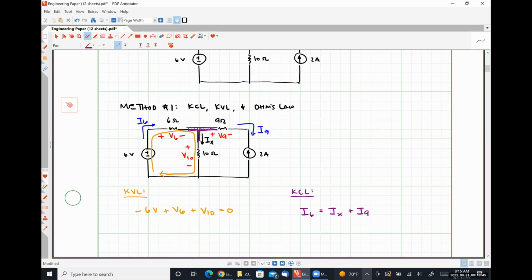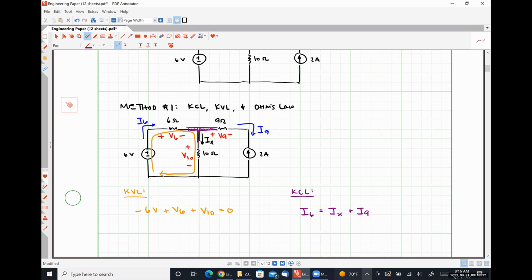Okay. So we are going to use inspection and Ohm's law to reduce the number of unknowns that we have here. For example, I9 is the current flowing from left to right through the 9 ohm resistor, but because that 9 ohm resistor is in series with that 2 amp current source, there has to be a relationship between I9 and the 2 amps.